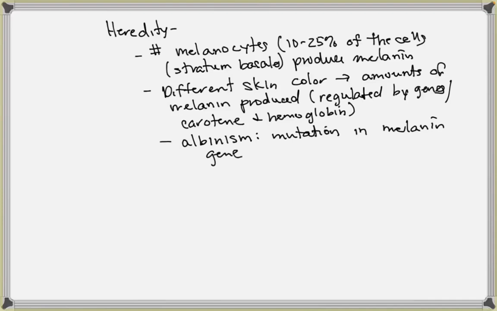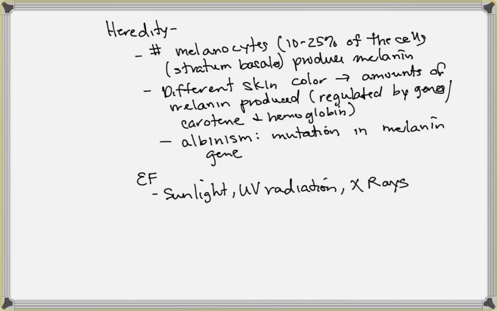Now, we know there's this very specific part of heredity that deals with this, but there are also environmental factors, and I'm just going to put EF for that. So we know that sunlight, UV radiation, and X-rays can cause changes in the skin and changes in skin color.